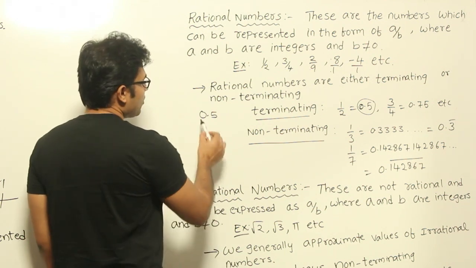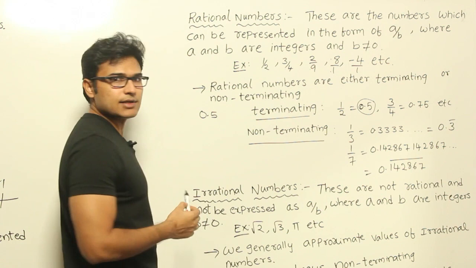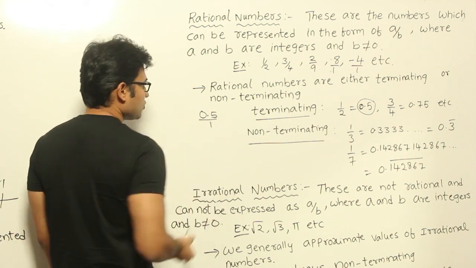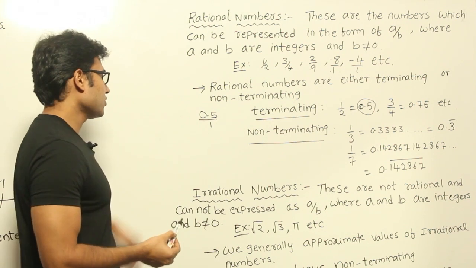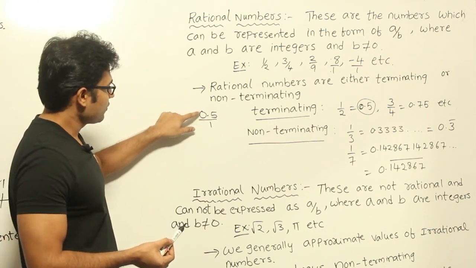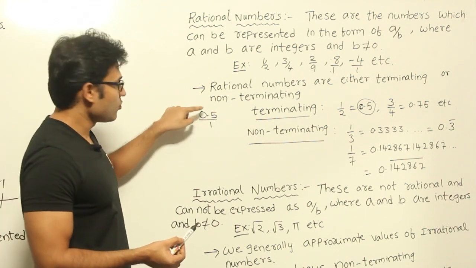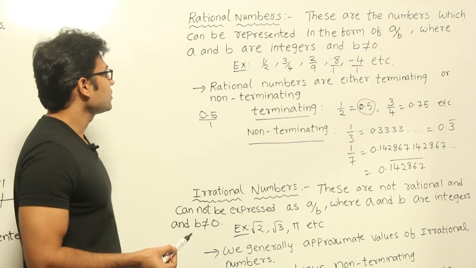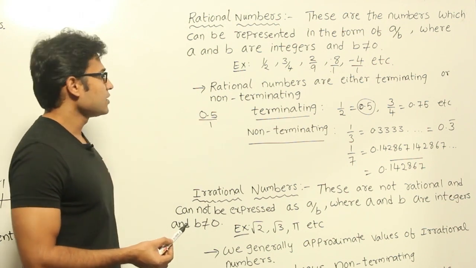And now by looking at it, you might feel that it is not a rational number, right? Even if you write it like this, 0.5 divided by 1, you cannot call it a rational number as of now, because 0.5 is not an integer. Both p and q have to be integers. Therefore writing like this doesn't mean that it is a rational number.